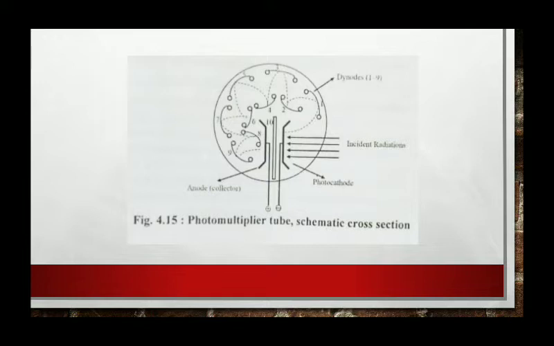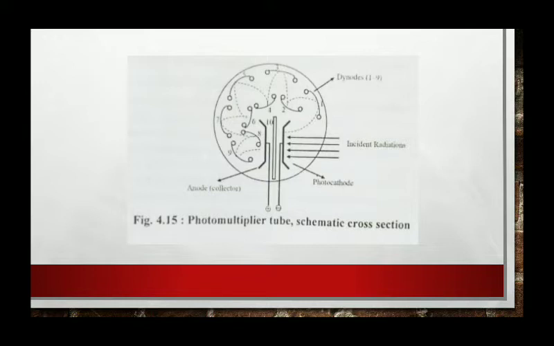Most photomultiplier tubes have 9 dynodes. A dynode is an electrode with a coating of cesium which emits several electrons, 2 to 5 electrons for each electron striking on its surface. When the light radiation strikes the cathode surface, it ejects an electron due to the photoelectric effect.